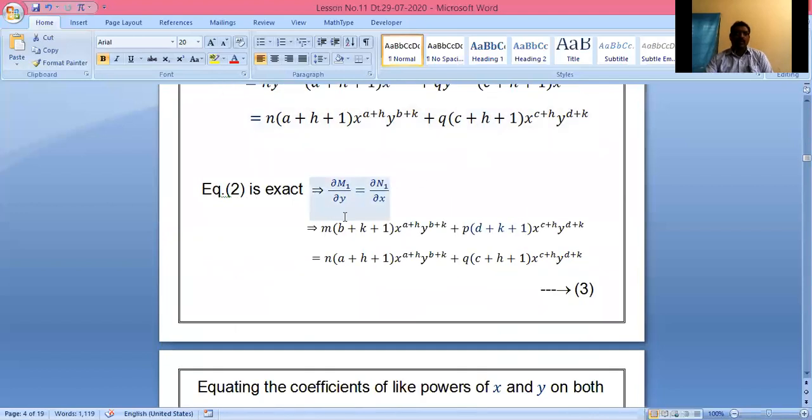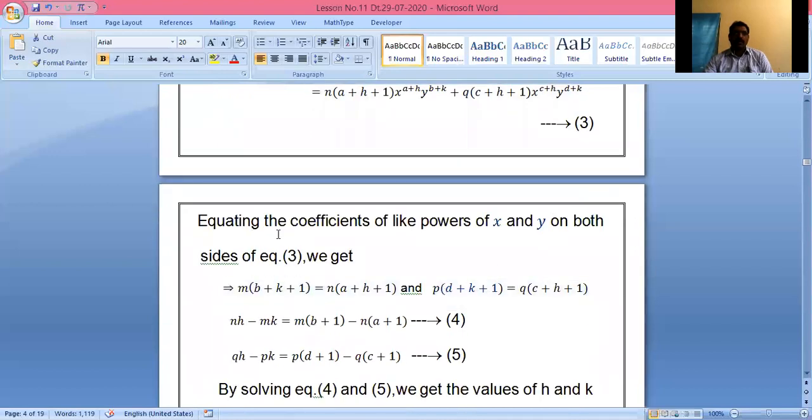That implies m (b+k+1) x^(a+h) y^(b+k) plus p (d+k+1) x^(c+h) y^(d+k) is equal to n (a+h+1) x^(a+h) y^(b+k) plus q (c+h+1) x^(c+h) y^(d+k). Let this equation be 3.